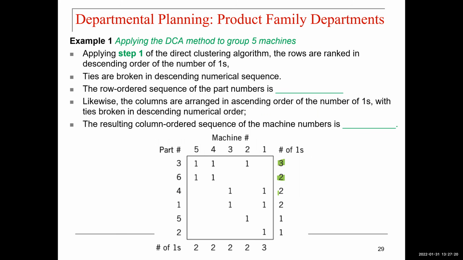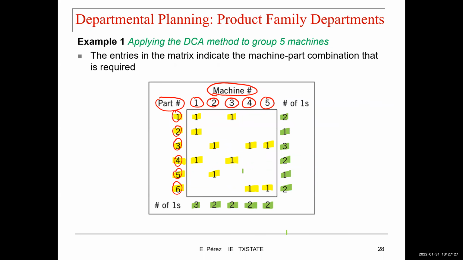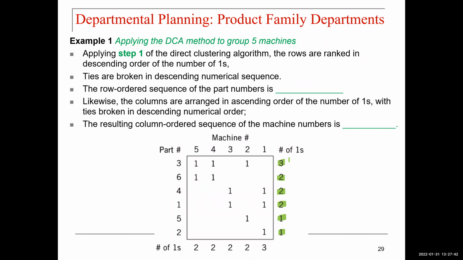So we have 3, 2, 2, 2, 1, 1. That means that we move this row to the top because the total is 3. Then we move all the 2s after the 3, and then we are left with the 1s. That's how this sorting is done.